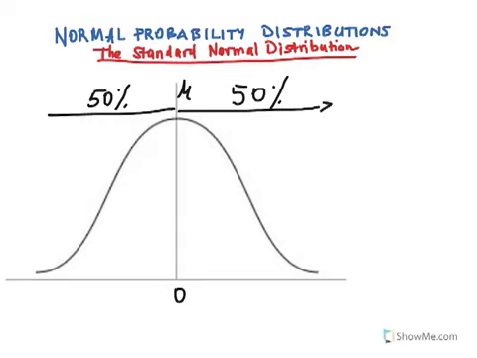Okay? So that is one. Second is that 68% of all cases fall between plus minus 1 z, or 1 standard deviation.